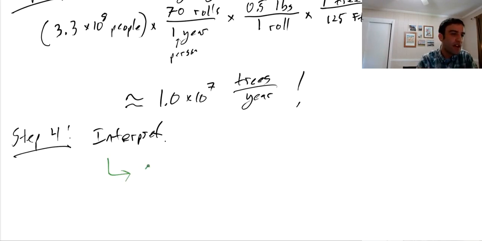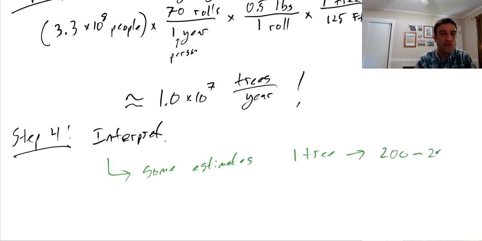And so just to give you a few examples of how my estimates compare to other people's estimates, I found some estimates that one tree can be converted into anything between 200 and 2,000 rolls of toilet paper. This was mostly from industry websites. And this is itself a pretty big range for a typical tree.